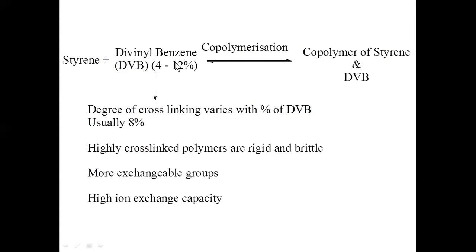Here, the percentage of divinyl benzene decides the cross-link nature, exchangeable groups number, and ion exchange capacity. Most commonly, 8% of divinyl benzene is used, which gives acceptable cross-linking, more exchangeable groups, and appropriate ion exchange capacity for the resin.